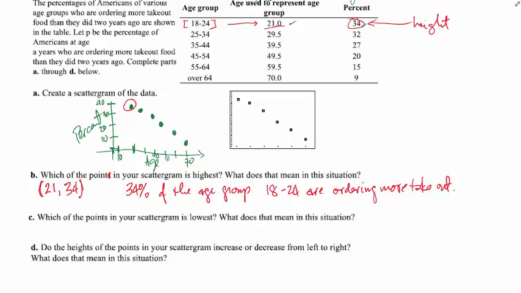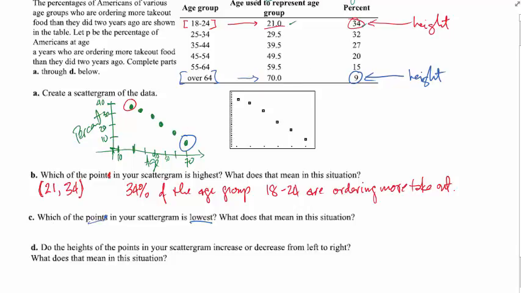Okay, now let's take a look at the next one where they ask for the lowest value. The lowest value is over here, and if we follow this, the lowest value of the height has a y value of 9 and an x value of 70, but 70 represents the age group of 64 and over. So let's address the point first.